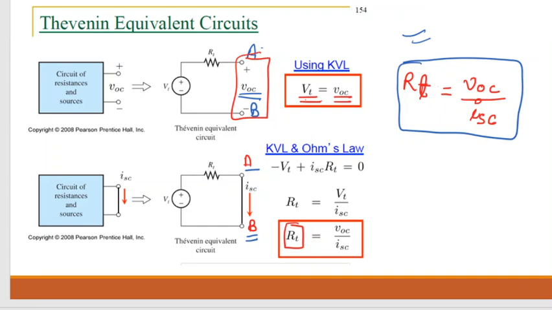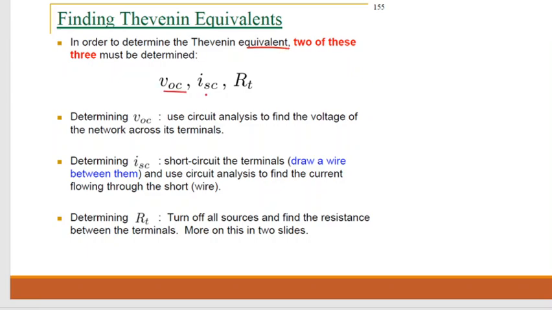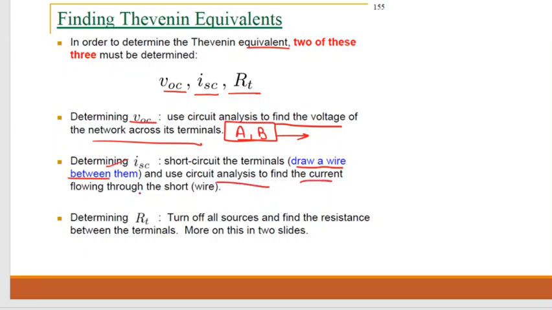Now the question arises: how can we calculate VOC, how can we calculate ISC, and how can we calculate RT? To determine VOC, calculate the voltage across the terminals A and B where the load resistance was connected. For ISC, short circuit by drawing a plain wire between them, then calculate the current.